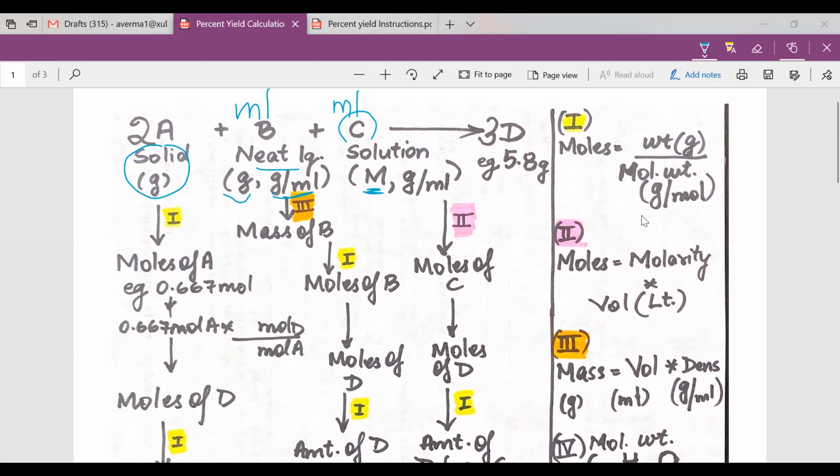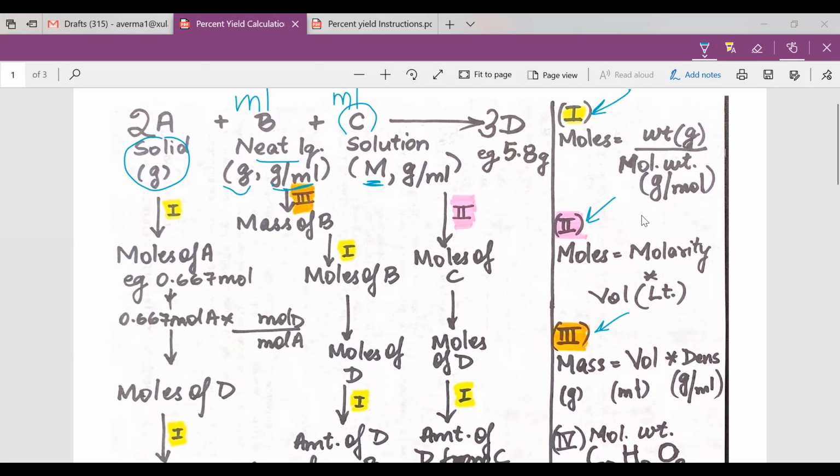From your general chemistry, I want you to remember these three formulas that we are going to use to connect all the dots. Moles can be calculated by dividing the weight in grams by the molecular weight of that compound in grams per mole.